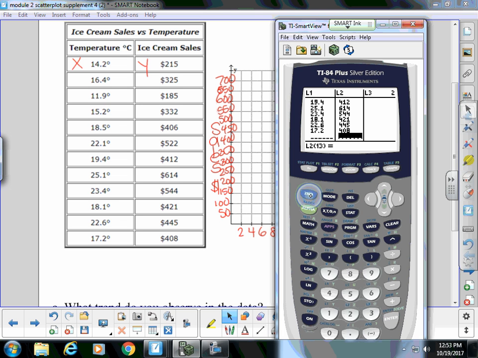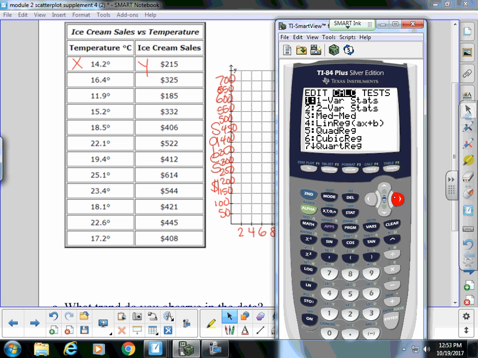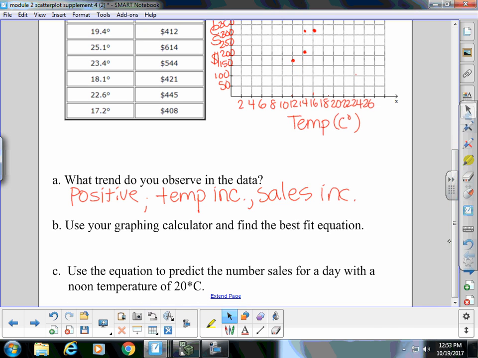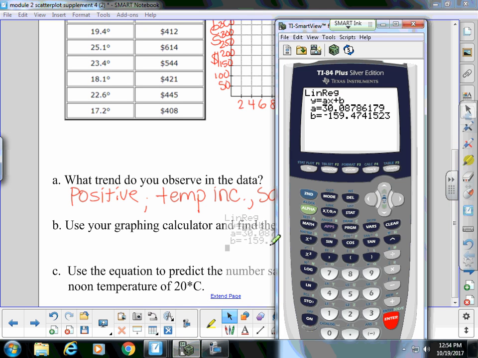Okay, then I want to quit and go out of here. Clear this. Go back to stat, over to calc, and number 4. You guys have to scroll down to calculate. I'm just going to push enter. And there's my answer for my adjusted equation.